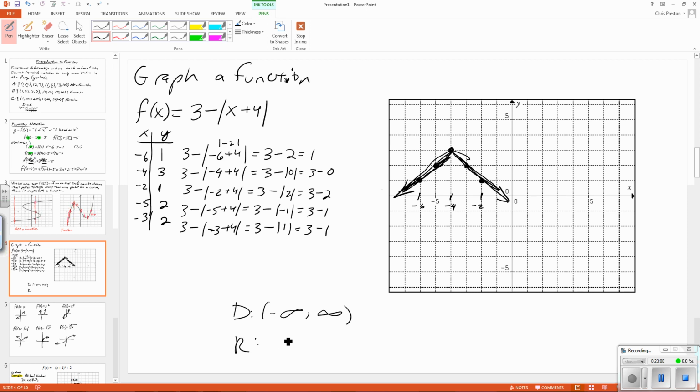What's its range? Well, we see that it tops out here, turns around at a maximum height of 3. So negative infinity up to 3. And when it actually gets there, we have a y value of 3, so it has a place to top out. So domain and range. That's your introduction to functions.